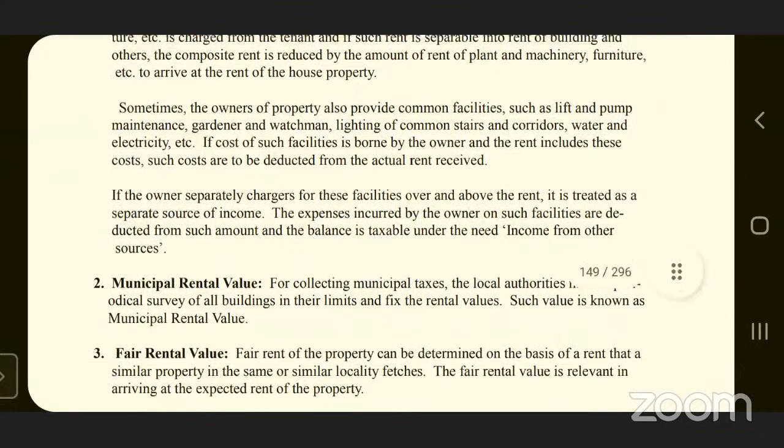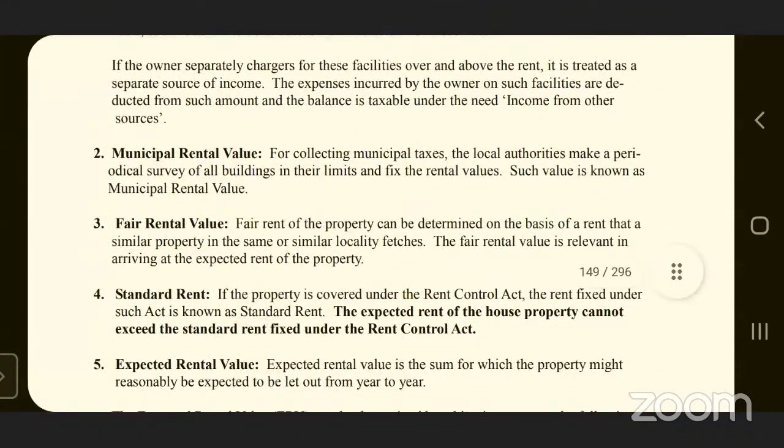So let us see the fair rental value. What is it actually? Fair rent of a property can be determined on the basis of the rent that a similar property in the same, or we can say similar locality fetches.